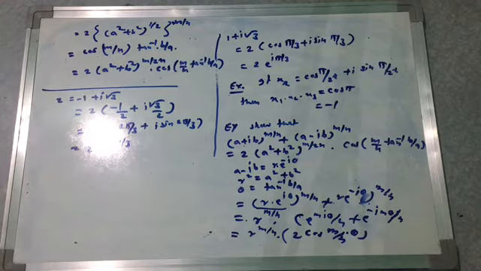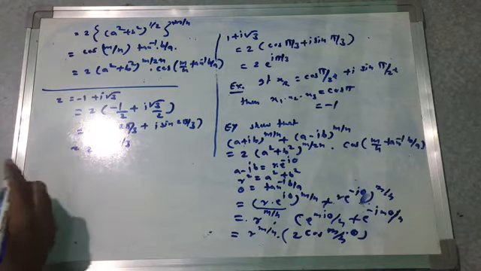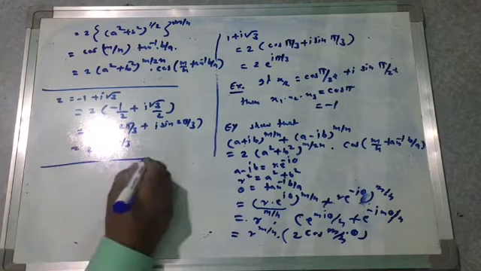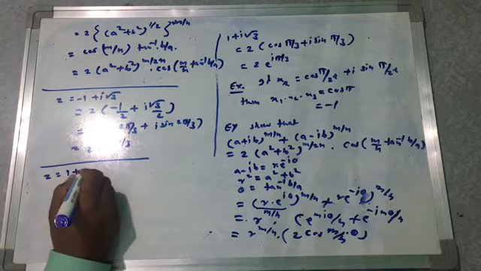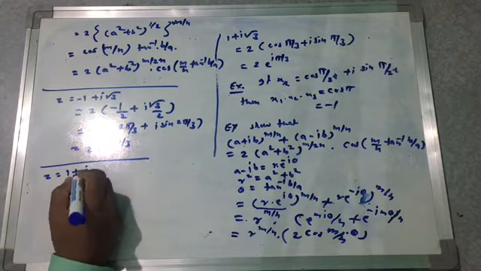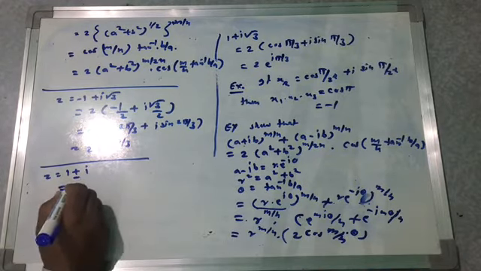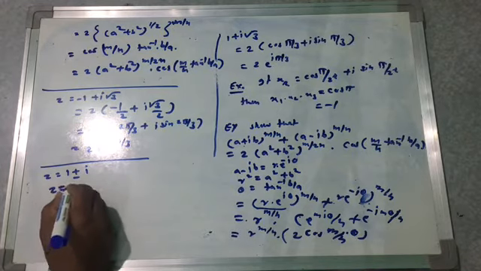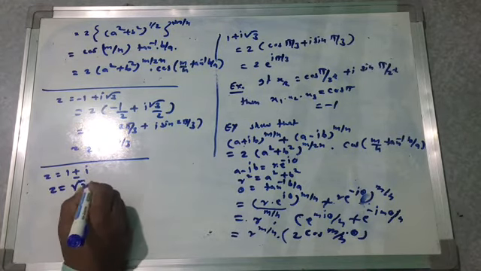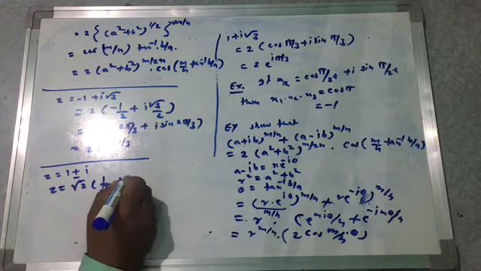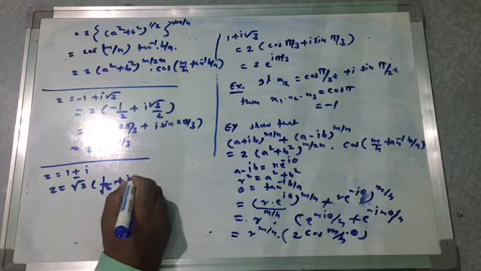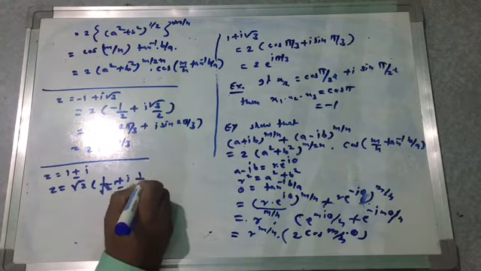Applications of De Moivre's theorem. Application is given. Again, we have to note that z is equal to 1 plus or minus i. So this is equal to root 2 into (1 upon root 2 plus or minus i into 1 upon root 2).